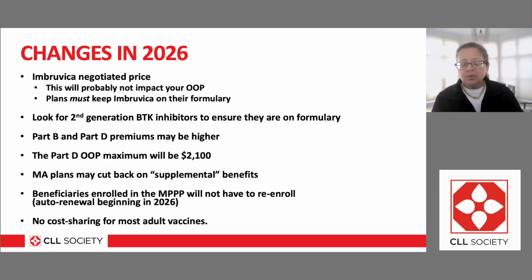What is new in 2026 also is that for the first time, cost of drugs whose price was negotiated by the government included a drug called Imbruvica. 10 drugs for the first time ever will go onto formulary starting in 2026, whose price was negotiated by the federal government.